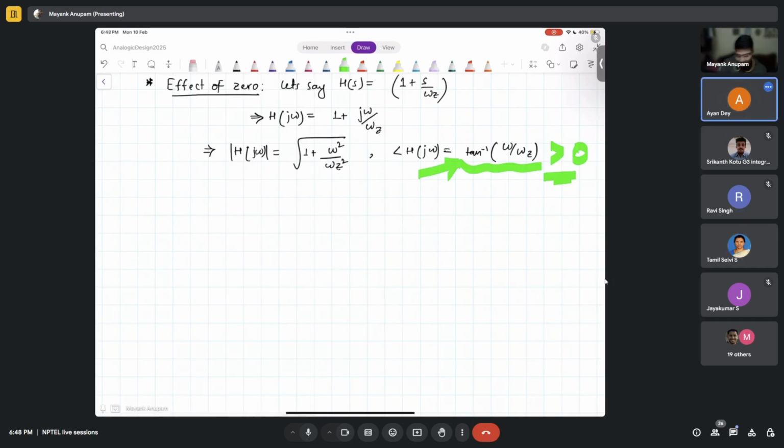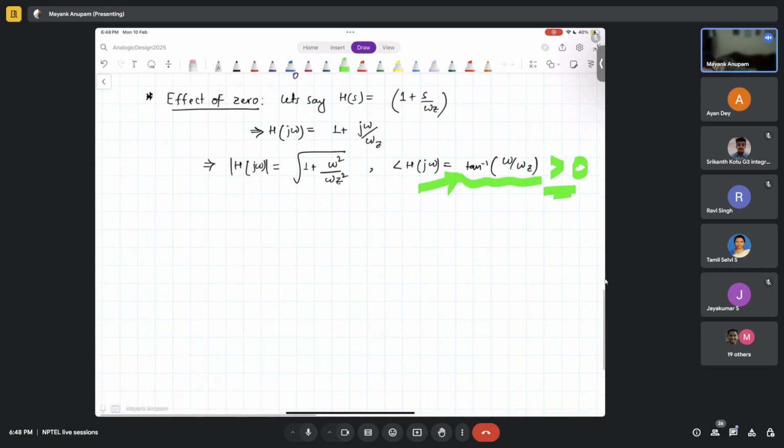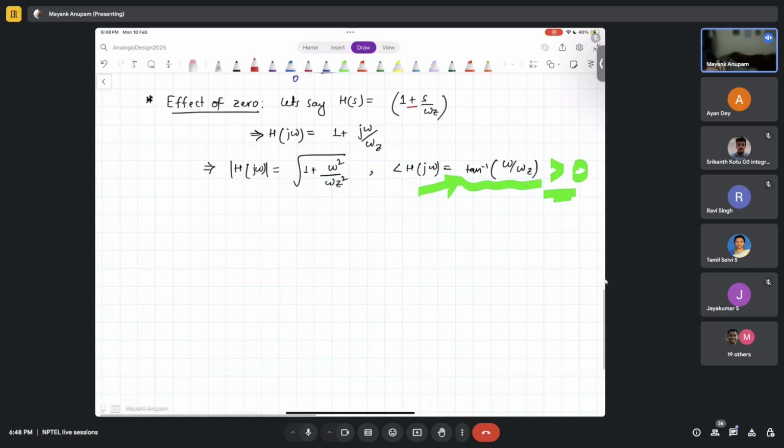Now tell me what happens if I use 1 minus s by omega z. What will happen to the magnitude? The magnitude will remain the same. What will happen to the angle? The angle will become minus tan inverse of omega by omega z.